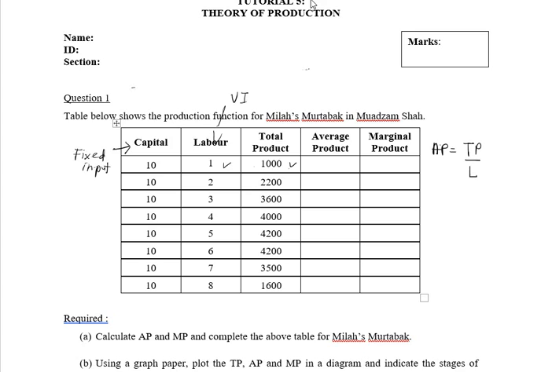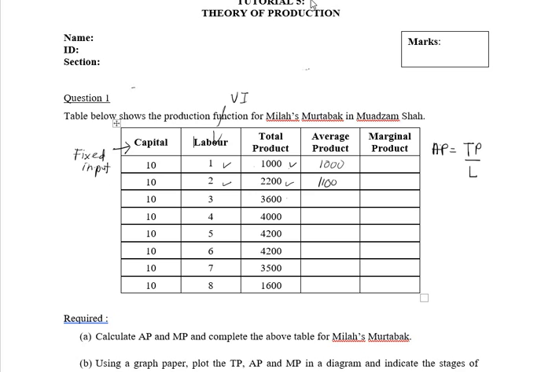So when Mila hires one labor, this labor can produce 1000 units of products on average. When Mila hires 2 labors, the total production would be 2200. You divide by 2, and you get 1100.